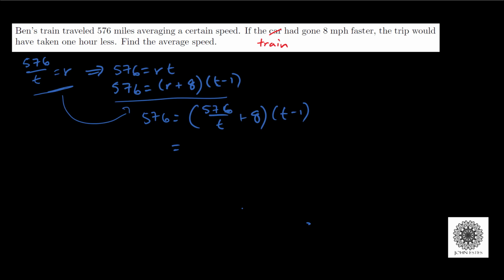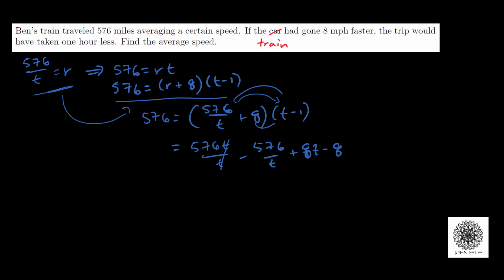So when I multiply that out, I have a 576 times t, so now I'm foiling this out. That gives me a 576t over t. The t's cancel out, and I can do that because t will definitely not be 0 here. Then I have a minus 576 over t, I have a plus 8t, and I have a minus 8.